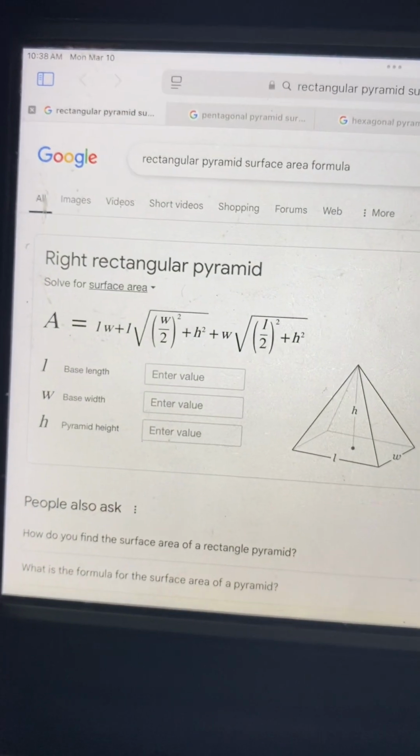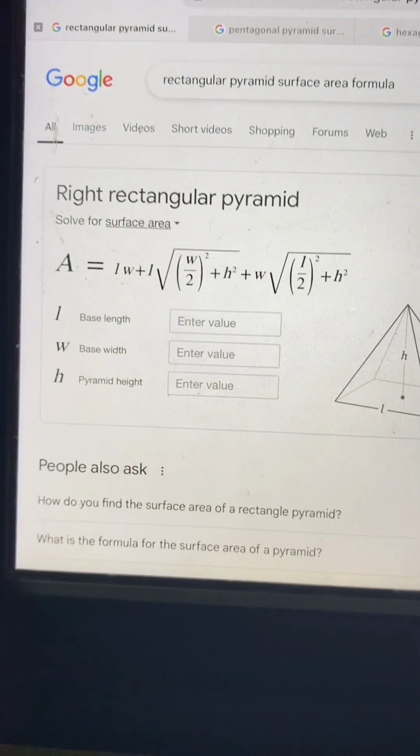This is L, not to be confused. Wow, that's a very long and complex formula. But don't worry. We don't need to know this formula. Instead, we could just experiment by substituting in the missing lengths.